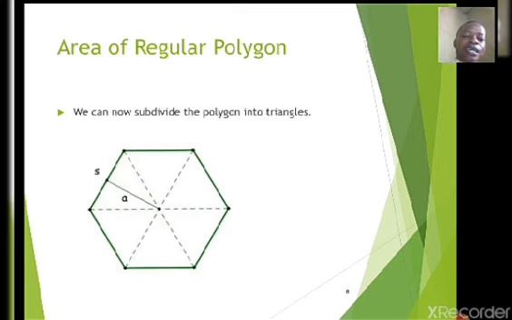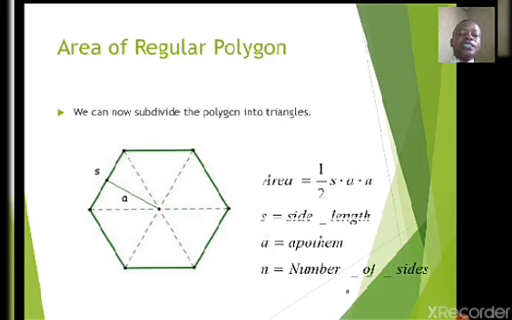When we have that apothem, we can use it to divide the polygon into subdivisions of various triangles. With this in mind, we apply the area of a triangle, that is half base times height.